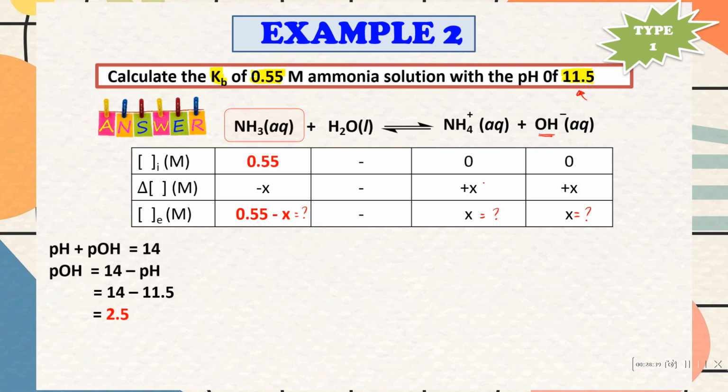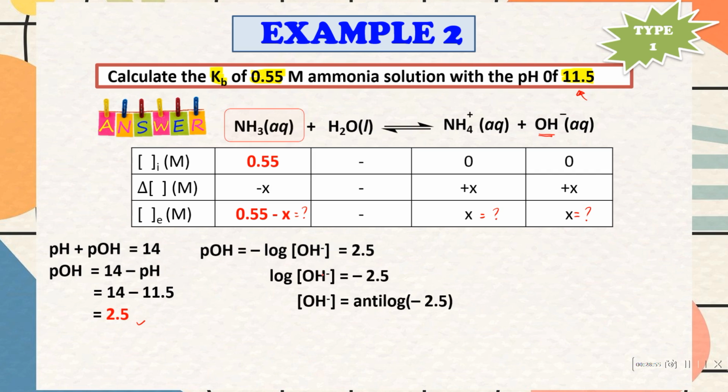You can use this formula, pH plus pOH equals 14, and you will get the pOH value of 2.5. Next, using the pOH formula, negative log concentration of OH minus, you can find out the concentration of OH minus. So that is 3.1623 times 10 power negative 3 molar. That is referred to the value of X here.